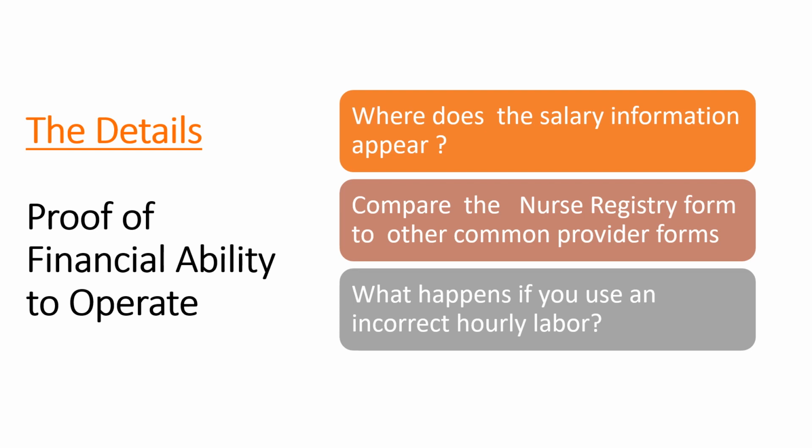In the last slide, you learned that the salary and contractor information is generally shown in Schedule 2. We also compared the instructions for both a nurse registry to the other type of applicants, such as healthcare clinics, home health agencies, etc. But the question now is, what happens if you use an incorrect labor rate for either the administrative staff or healthcare professionals?